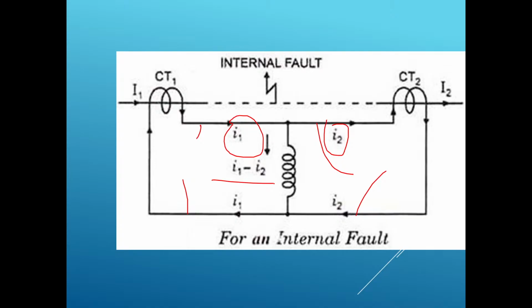Here I didn't mention phase difference, but the differential relay, the operating overcurrent relay which I have used here, carries a current, the differential current I1 minus I2 or I2 minus I1, proportional to the phase difference between the currents entering and leaving the protected element.